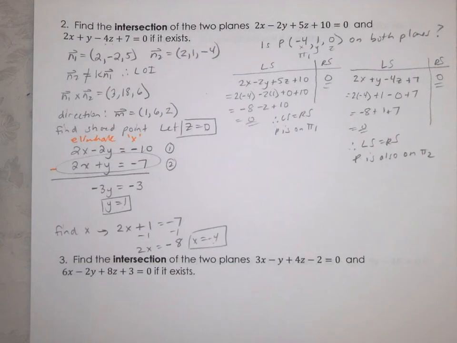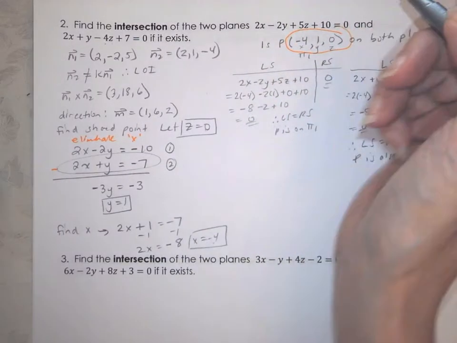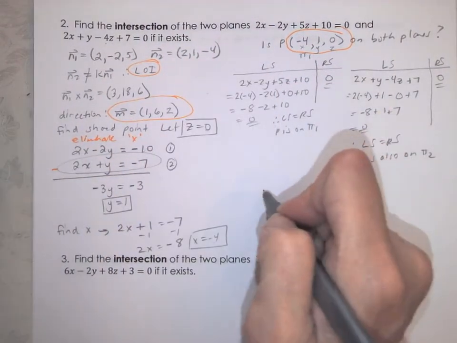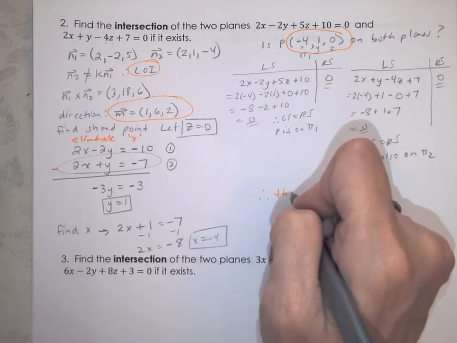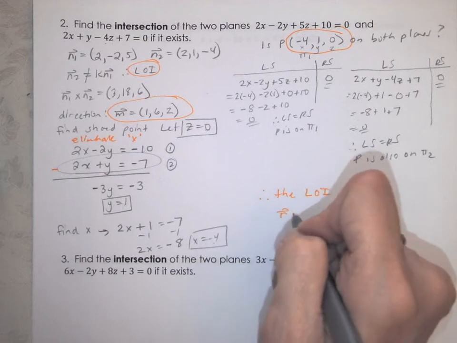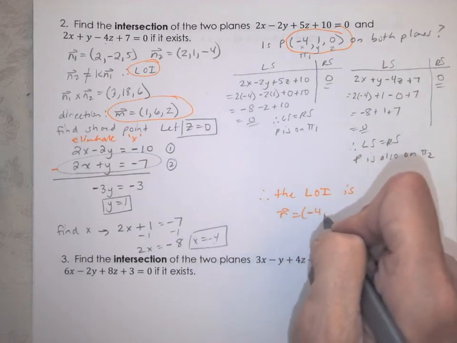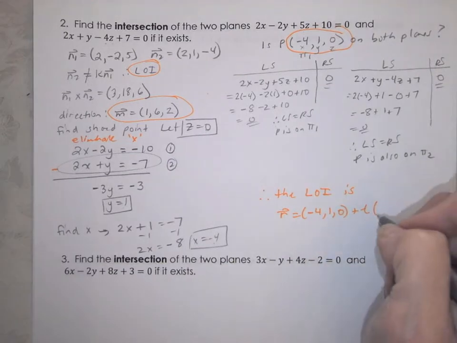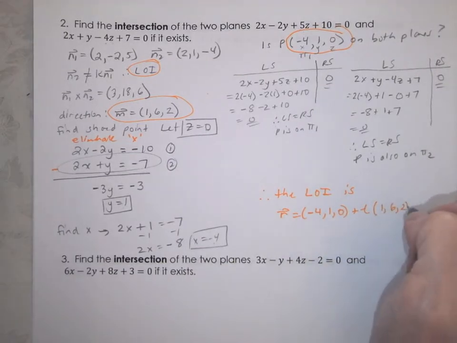If it's on both planes, then it's a shared point. So now we know that this is a point on the line of intersection. This is the direction of the line of intersection. Therefore, the line of intersection, LOI, is r equals -4, 1, 0 plus t times 1, 6, 2.